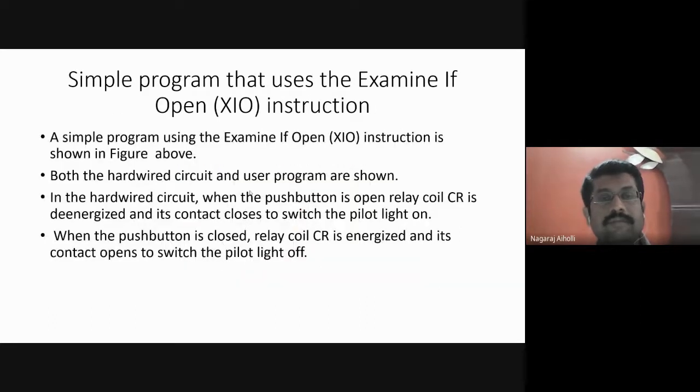A simple program using the examine if open instruction is shown in the above figure. Both the hardwired circuit and the user program are depicted here. In the hardwired circuit, when the push button is open, what is happening? Relay coil is de-energized, contact closes, and the pilot light turns on.